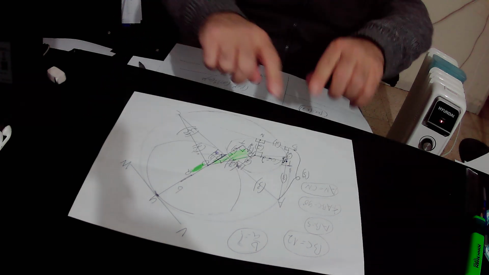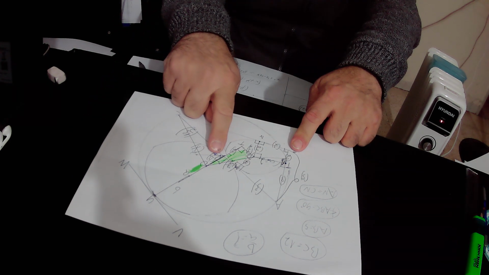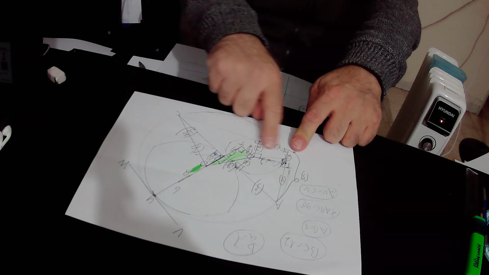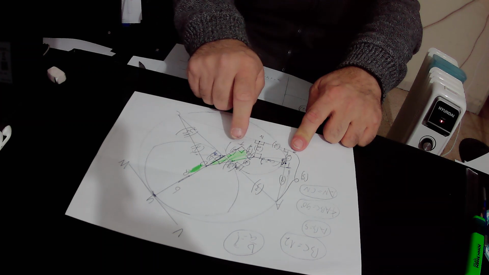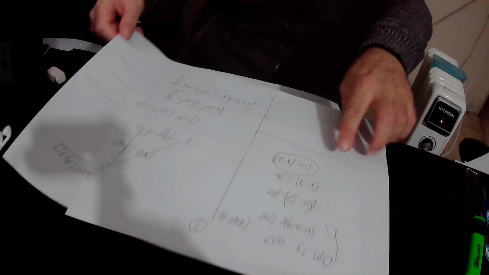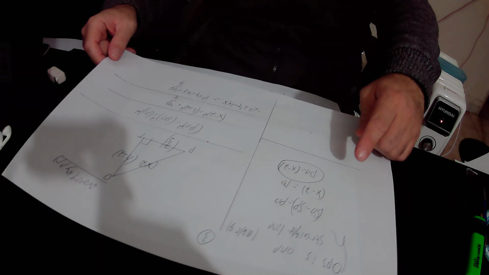If OPS is one set line, it means that OS is also a straight line, and OS minus PS is PO. Again, SO minus SP equals PO.